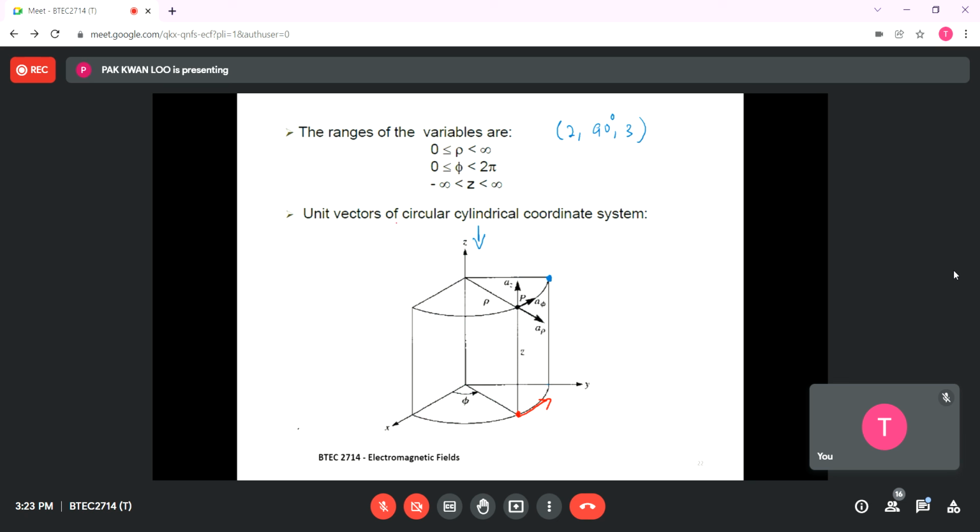Therefore, these unit vectors are said to be orthogonal. Since we already knew that rho and z are perpendicular, the phi direction is also perpendicular to both rho and z.